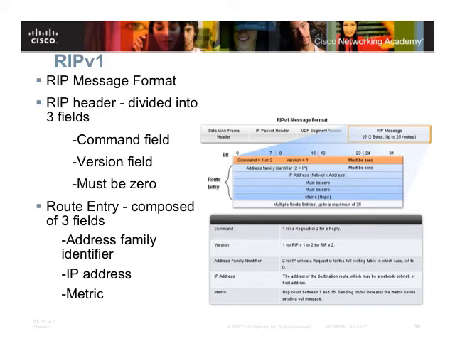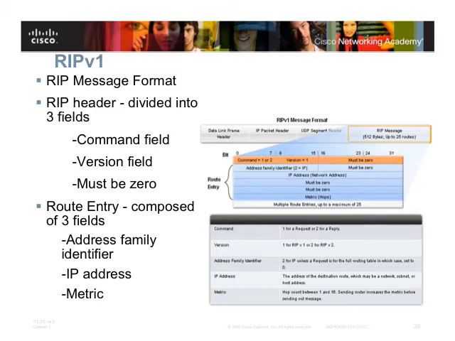So regarding RIP version 1, we talked about the fact that the routing protocol is simply a message format, okay, which is used to send route updates here and there.